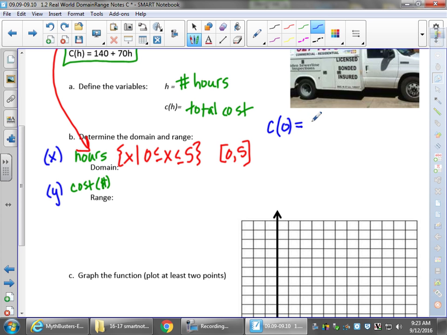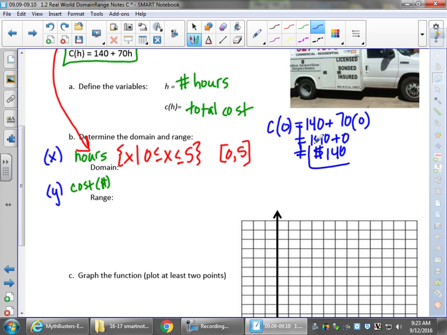What's that formula we're going to use? 140 plus 70 times 0. So this means wherever I see h, I'm plugging in a 0. So the h is right there, so it becomes 70 times 0. So that's 140 plus 0, which is 140.